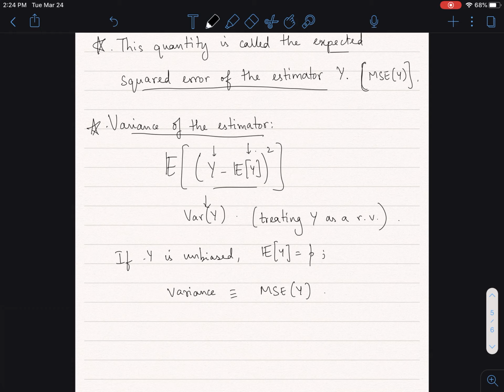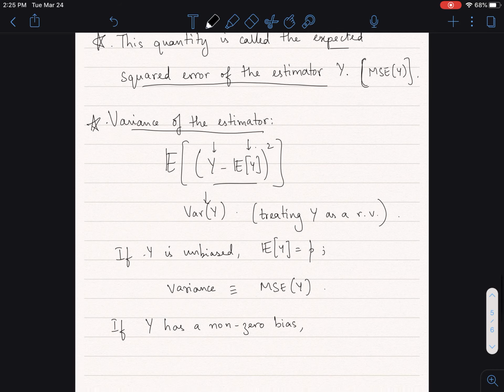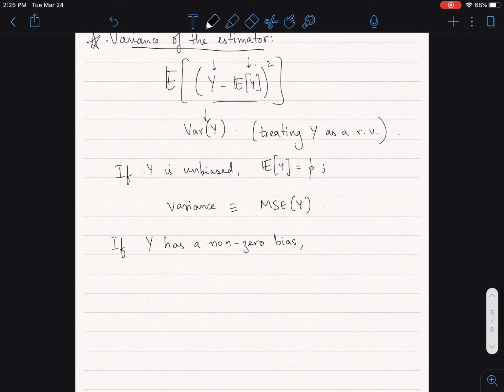So what if y is biased? If y has a non-zero bias, you can still compute this quantity.